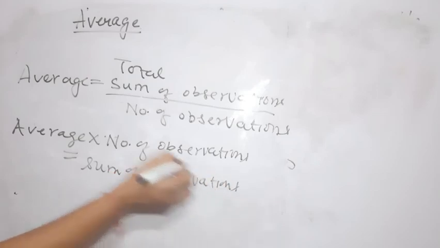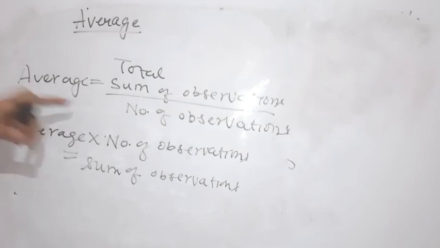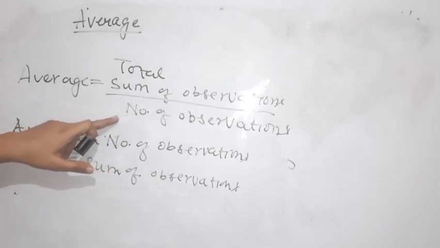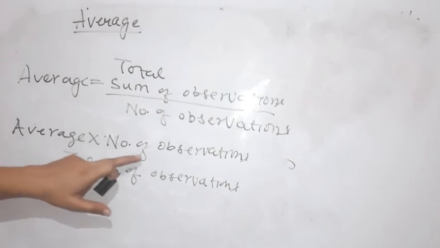Now one more formula can be taken out from this same formula. If you want to find the number of observations, how will you find it?